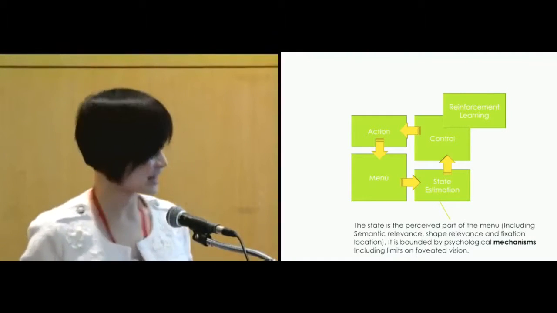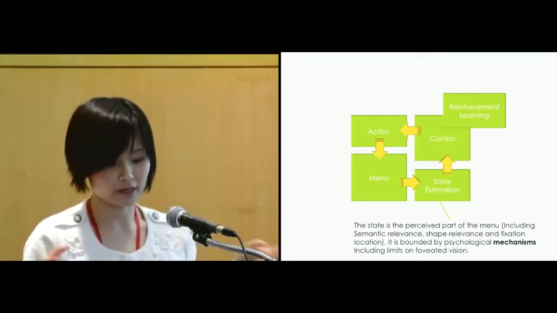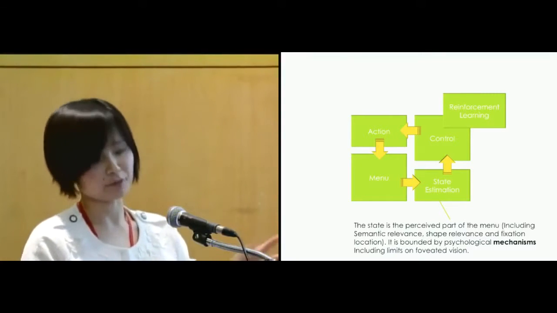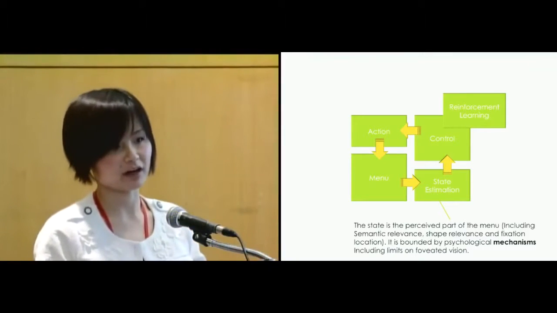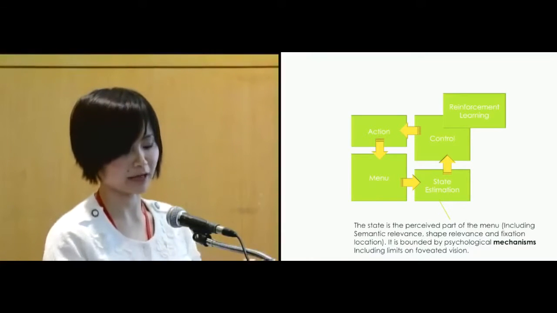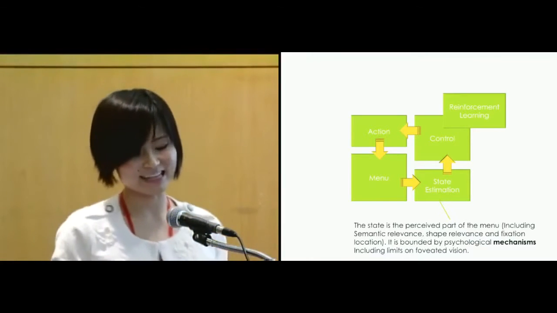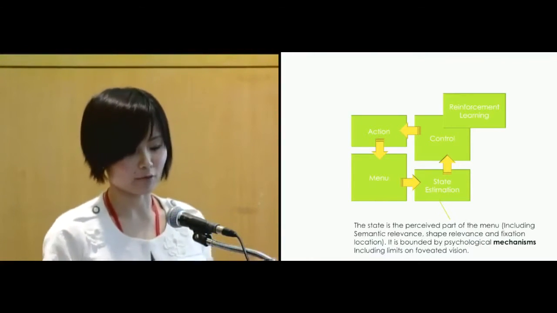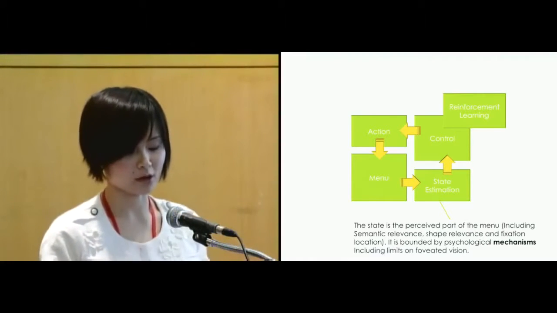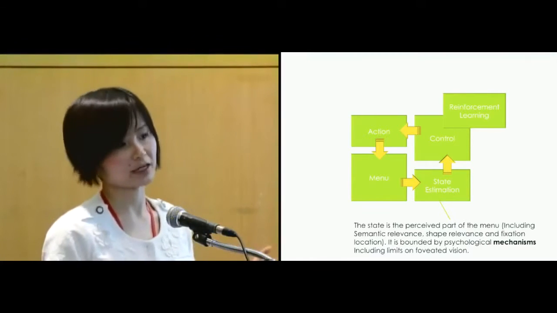The state is the perceived part of the menu. It's not the actual name or items on the menu. The state includes the semantic relevance, shape relevance, and the fixation location.